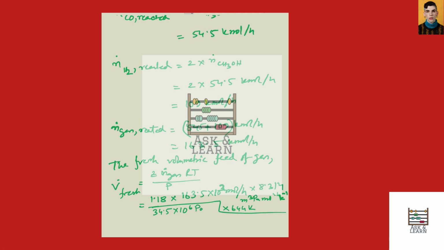Let's convert it to pascal by multiplying by 10 to the power 6. Therefore, we get the fresh volumetric feed rate of gas as 29.9 cubic meters per hour, which as expected is 25% of the originally calculated volume and matches the single-pass conversion percentage.